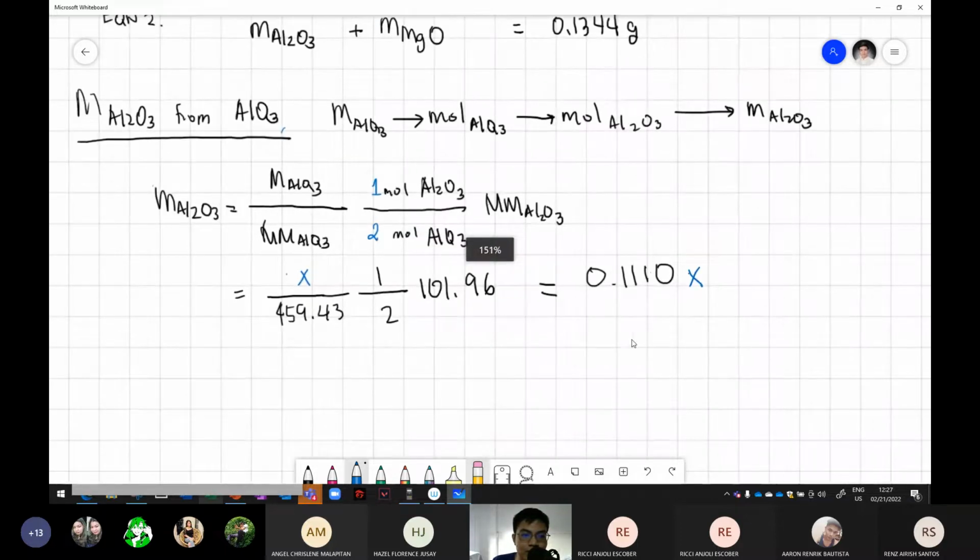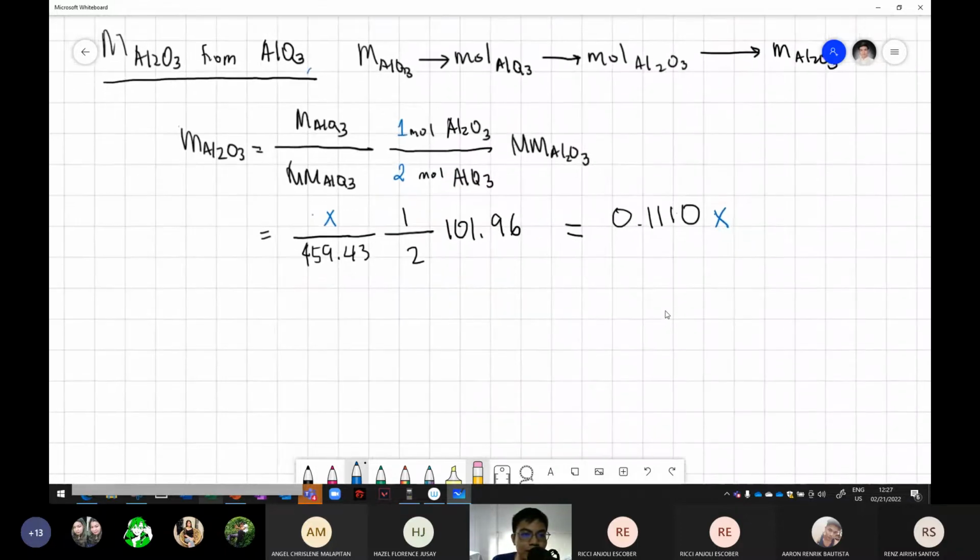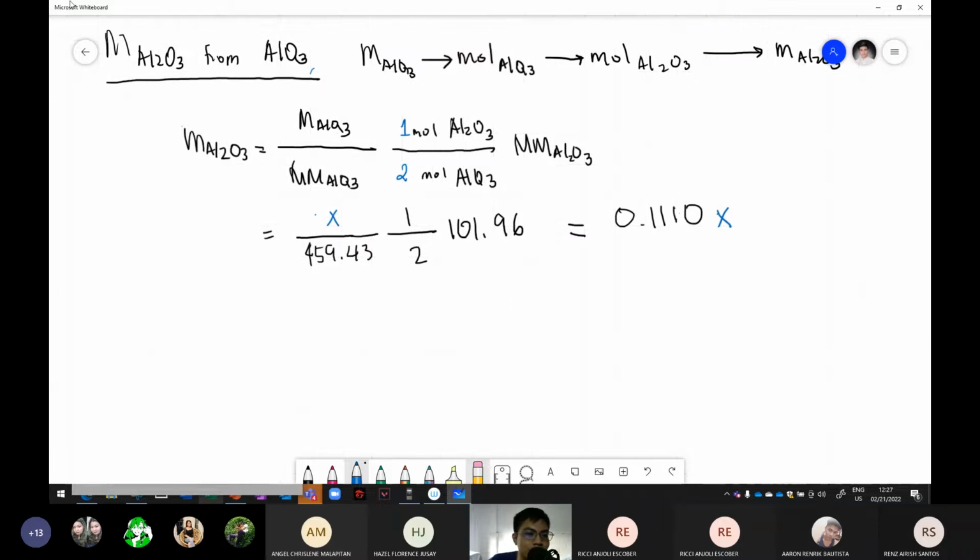Again, same process. Paulit-ulit lang talaga yung stoic dito. Ito lang yung crucial, yung stoic factor. Kailangan maging maingat. Magnesium oxide from magnesium quinoline. Okay?